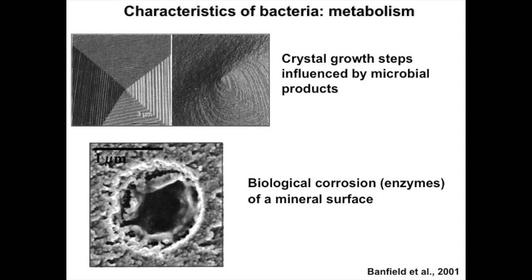The presence of microorganisms can also influence the precipitation, the structural characteristics of minerals. For instance, here we have a crystal that's perfectly precipitated in a fluid that contains no organic matter. Same crystal precipitated where there are organics.